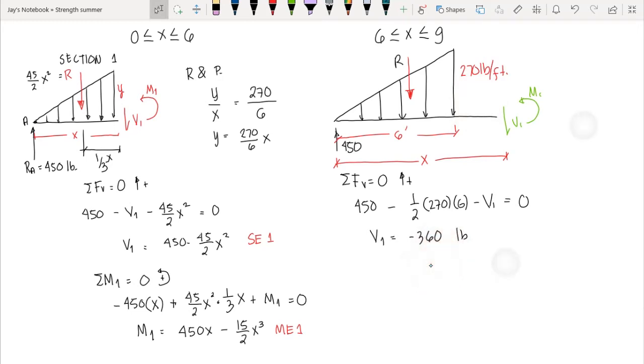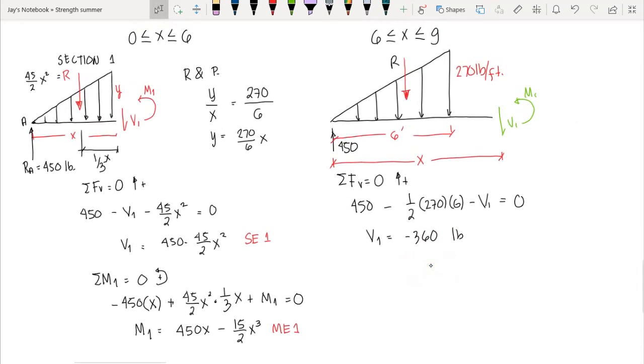Now for moment, we sum up moment equal to 0, counterclockwise are positive. Then we have negative 450, the reaction, times the moment arm x. Then we have plus the rotation of the resultant of the triangular load, where the resultant is 1/2 times 270 times 6.